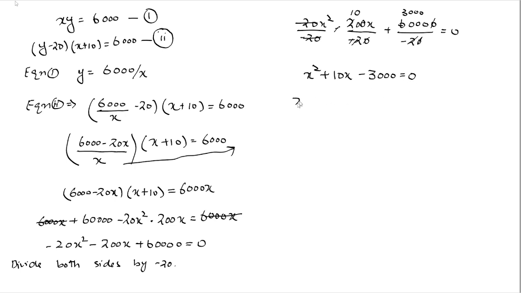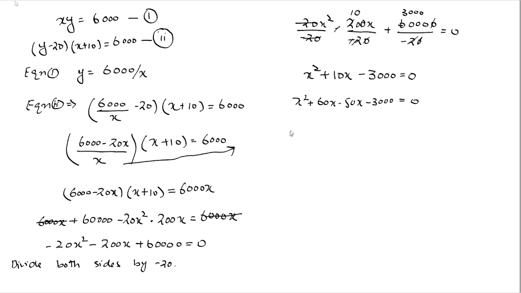So we will write it x square plus 60x minus 50x minus 3000 is equal to 0. Now the addition of 60x and minus 50x is plus 10x, and the multiplication of 60 and minus 50 is minus 3000.